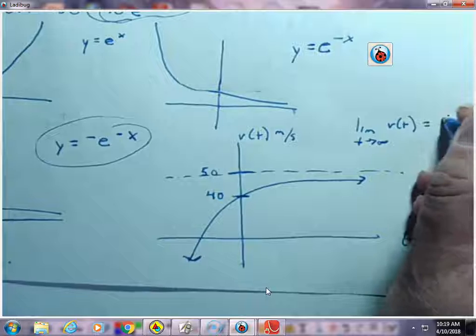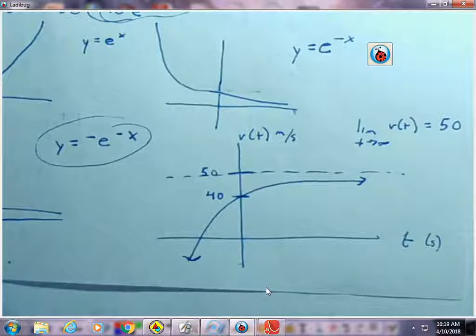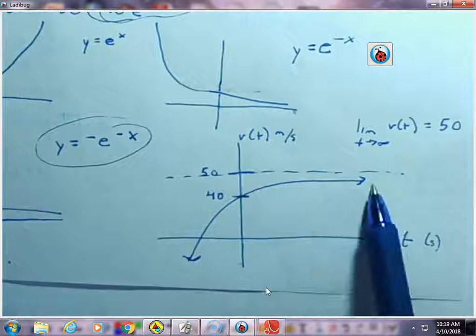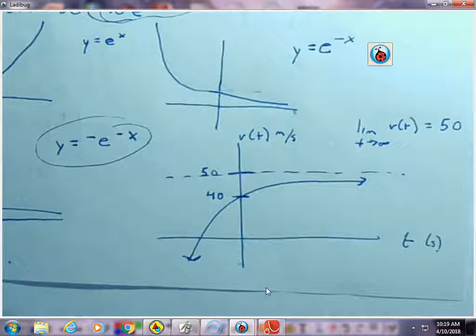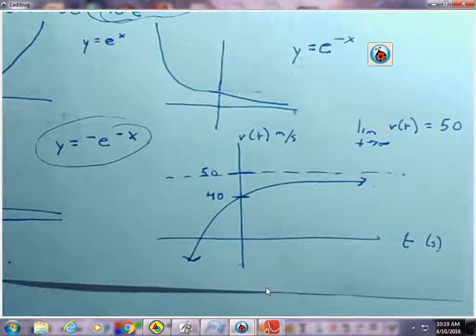It's approaching 50. Remember that the behavior towards infinity is the same as your horizontal asymptote. This is flattening out at 50. So we have answered D and F. Basically, that's like a terminal velocity. This guy is speeding up, but only to a certain point.